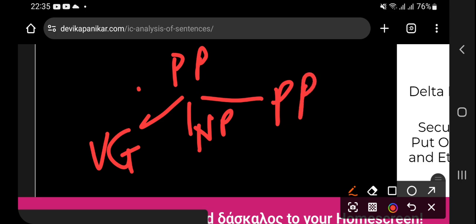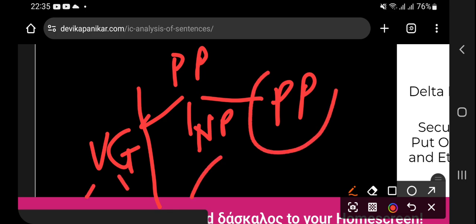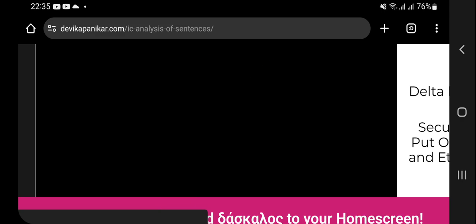The verbal group is fine, I will do the same. This is the prepositional phrase, for several years.